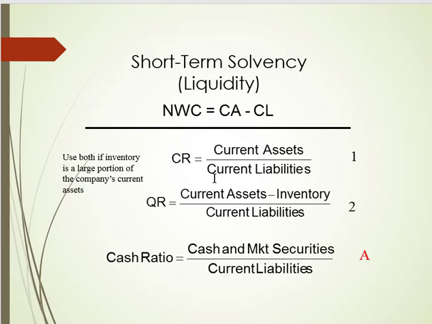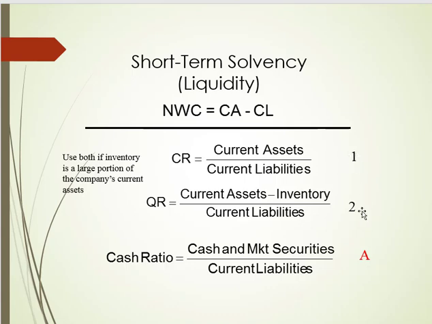So let's look at the ratios. There are 3 of them. The reason I categorize or label these 1, 2, and A is that when we go and look at the graphs, I've provided data so that you can find the industry numbers if they're necessary.